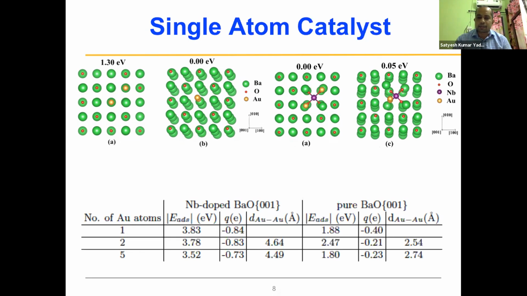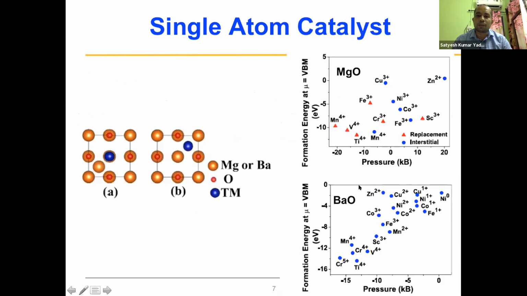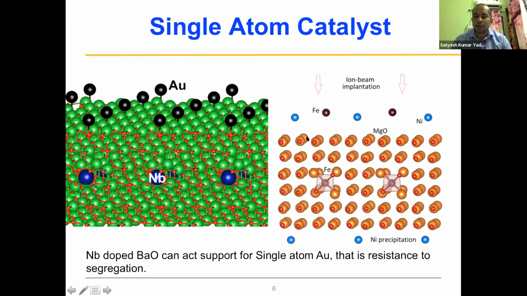So my idea is this. Experimentally I have thought through how it could be achieved, but I'm not sure whom to approach to really prove this. Assume a barium oxide thin film, and you deposit as thin a layer of gold as possible, and then you start bombarding this system, let's say a single layer of gold on barium oxide, with niobium or any other transition metal.